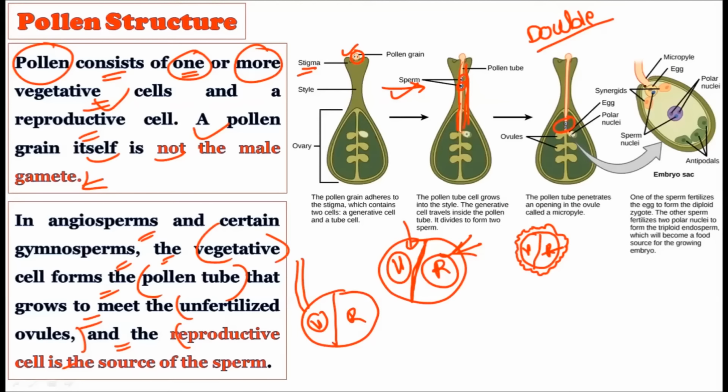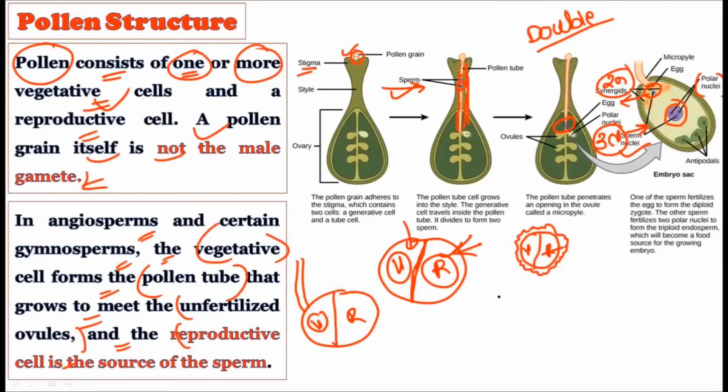Now as the two sperms reach here, at the synergids, there is a formation of the zygote, because the egg is fertilized with one sperm, and the two polar nuclei are fertilized with the other sperm. Hence the three dots were shown here. The one is for the sperm nucleus and the other two for the two polar nuclei. Hence the 3N or triploid condition is created in the primary endosperm cell, and this is the diploid condition in which the zygote is created.